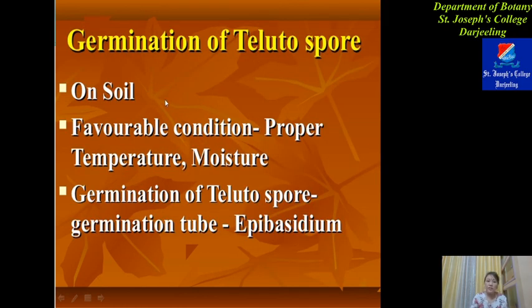After the maturation of these teliospores, they fall on the ground, or sometimes remain attached to the primary host. The teliospore germinates to form the third type of spore, known as the basidiospores.